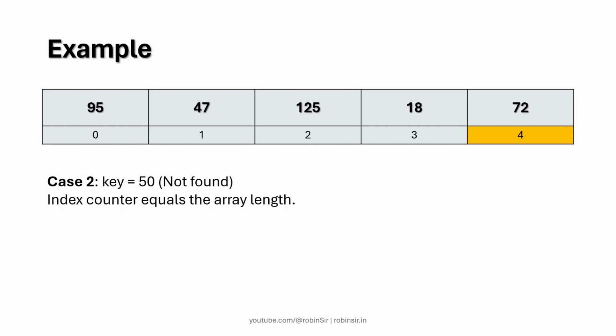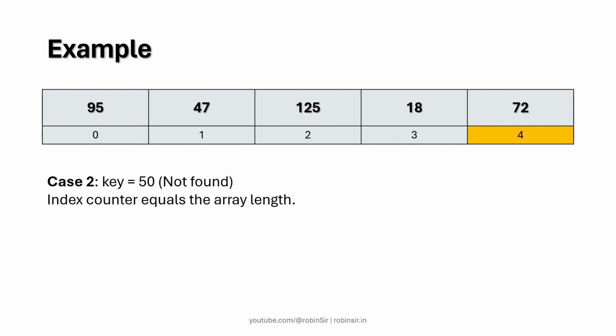So if the index counter becomes equal to the length of the array, this indicates that the element that you are looking for is not present. So this condition can be used to check whether the element was found or not. If the index counter is equal to the length of the array, then the element was not found. So that's the concept of linear search.